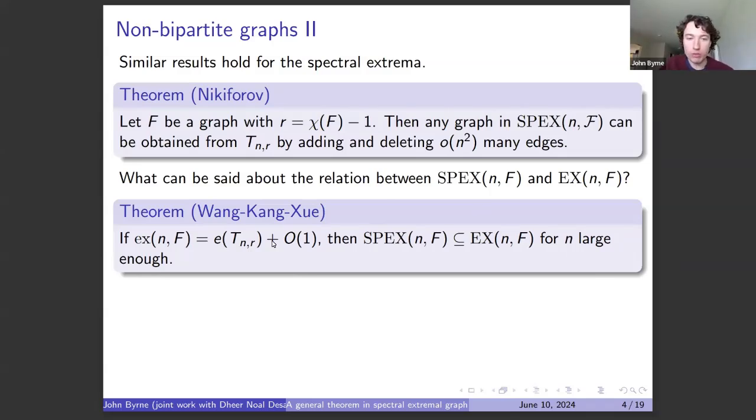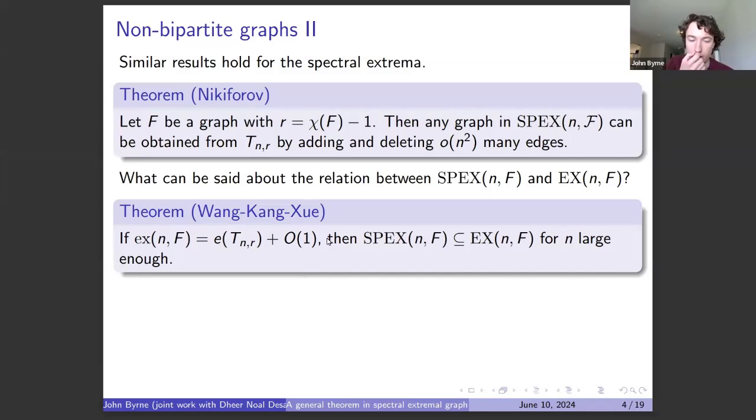So these types of results are the object of ongoing research. In fact, there's a recent preprint by Fang, Tait, and Zhai, which generalizes this O(1) term somewhat. But it's known, for example, that if you replace big O of 1 with a linear term, or an arbitrary linear term, then this result is no longer true.